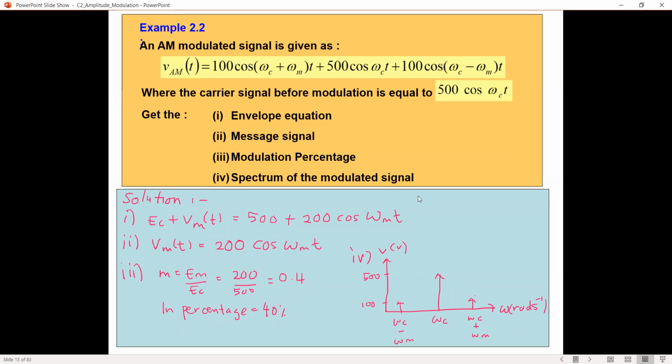For full AM, we have 3 components: FC, FC plus FM, and FC minus FM. You also have to label the amplitudes for each component. At omega C it is 500, at the sidebands it is 100. You need to label all of this correctly, don't miss them. If the values of frequencies are given, you need to put the values.